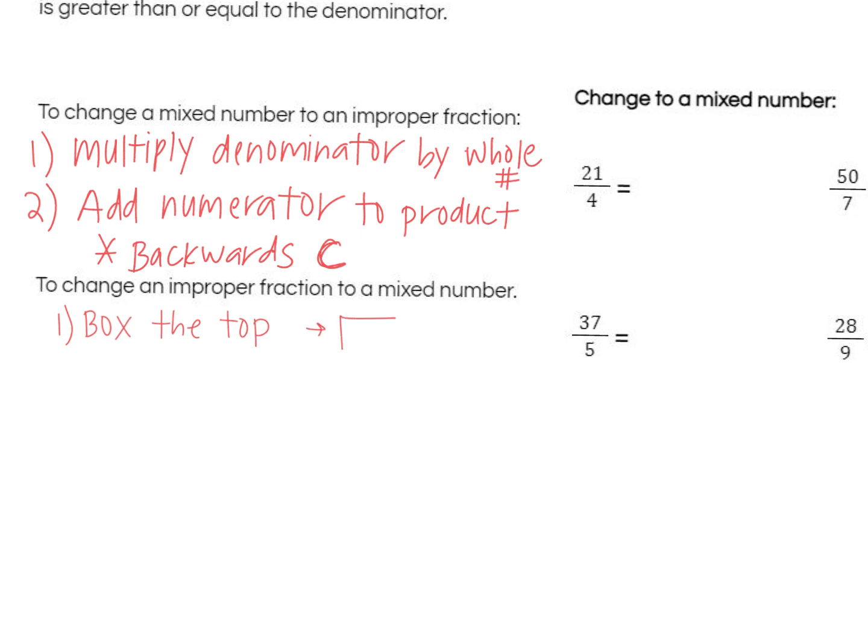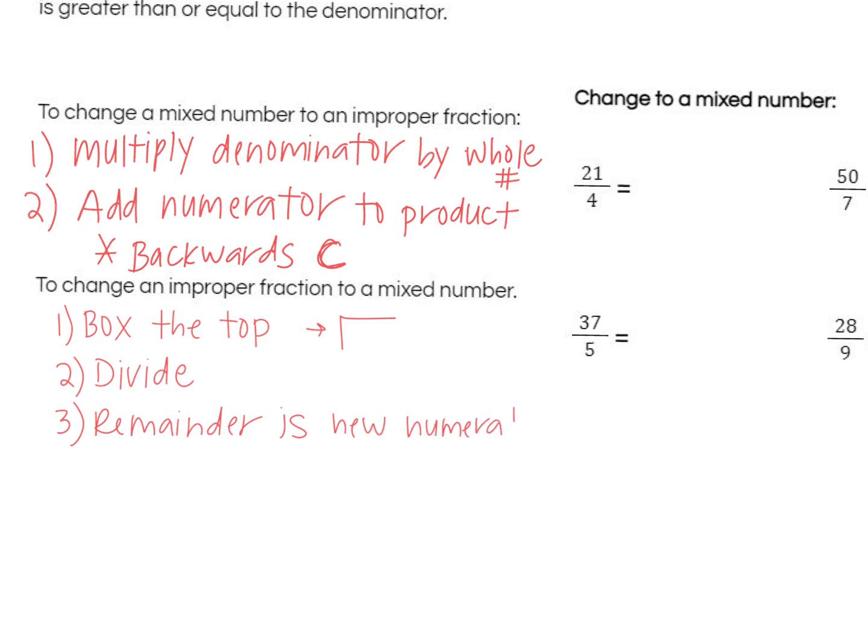It looks like this. What does that look like to you? Divide. It looks like a divide, okay? Step 2, after I box the top, I divide. And then step 3, the remainder is new numerator.